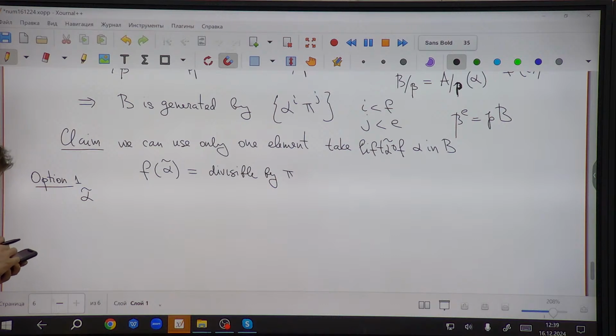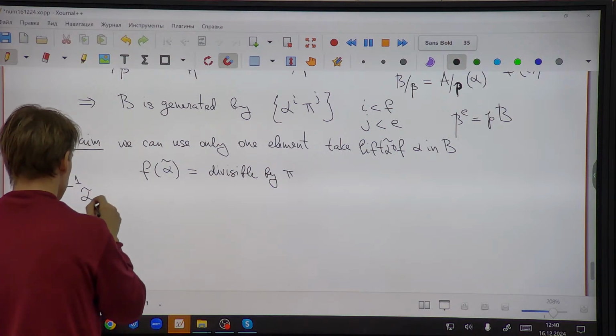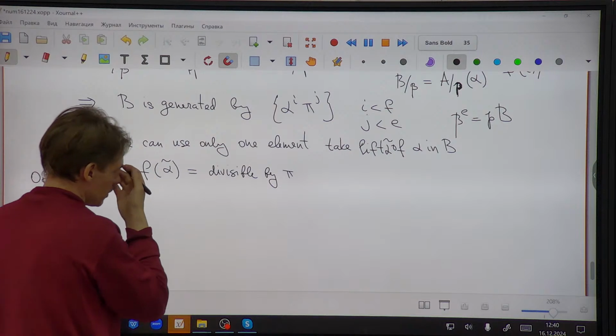Yeah, so it can happen that alpha tilde is already a uniformizer.